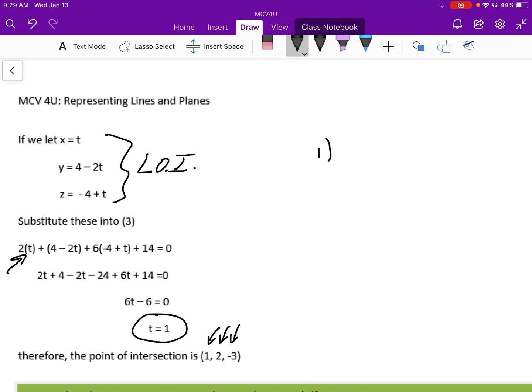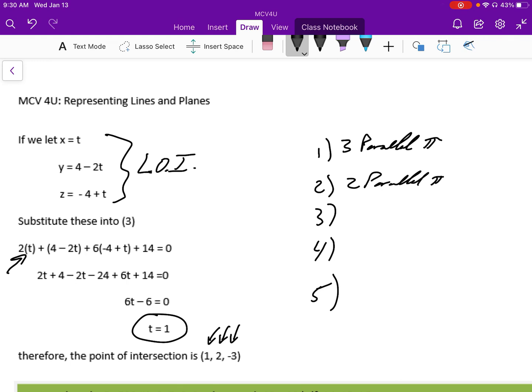You've got 5 cases. 3 parallel planes, 2 parallel planes, no parallel, you got this triangle, you have 3 parallel lines, right?